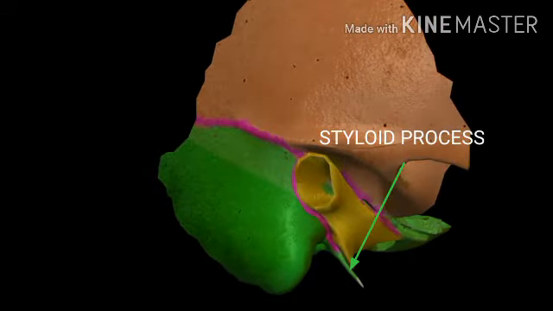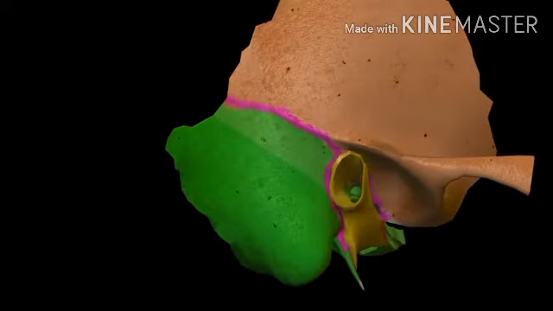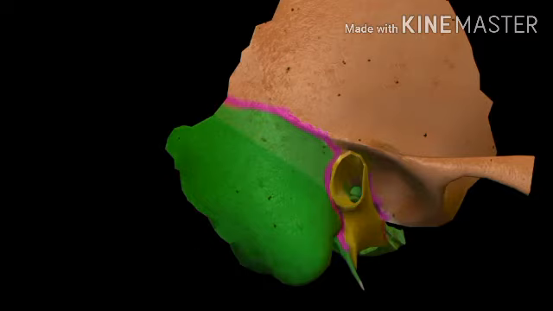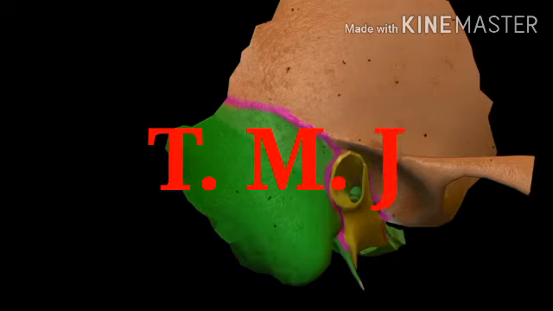So if you want to remember the styloid process, just think of the stiletto. When someone wears a stiletto, they've got style. So styloid process. The depression here is called the mandibular fossa because it articulates with the condyloid process of the mandible. Together they form what is called the temporomandibular joint, which is the only movable joint in the skull.